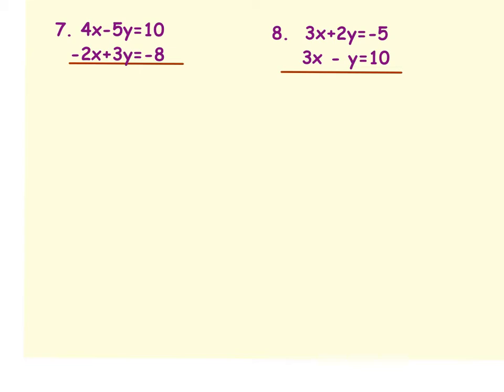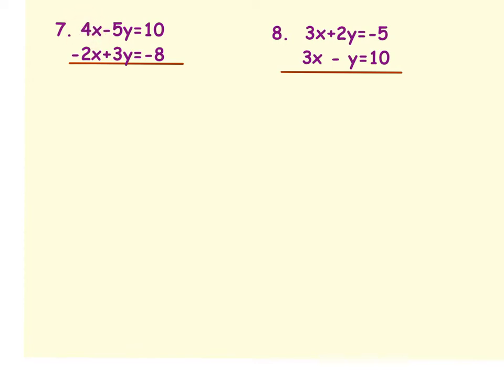For example, look at your x's. If this is a 4x, and I wanted my x's to drop out, what would this need to be in order for them to drop out? If you said negative 4x, then that's correct.